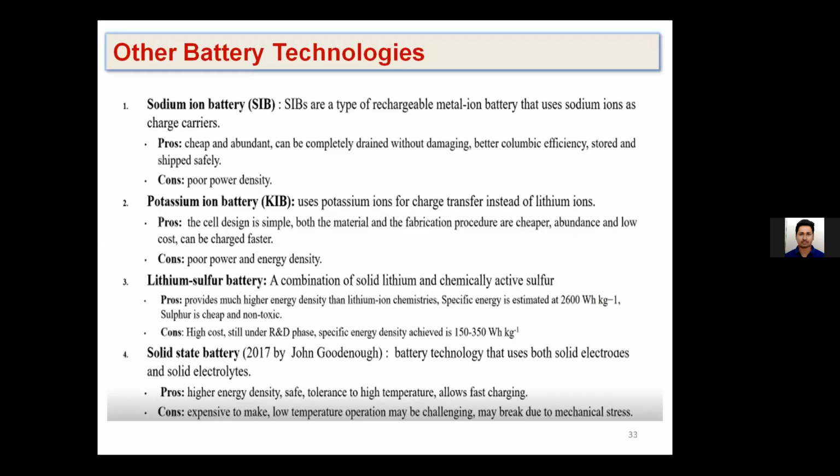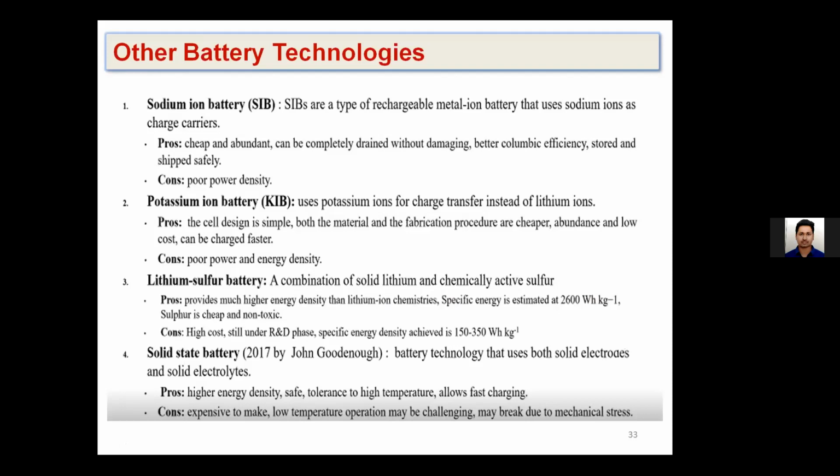These are the other battery technologies which are also available, such as sodium ion batteries and potassium ion batteries. But they are not that popular, because of their poor energy and power density, which is a major criterion.